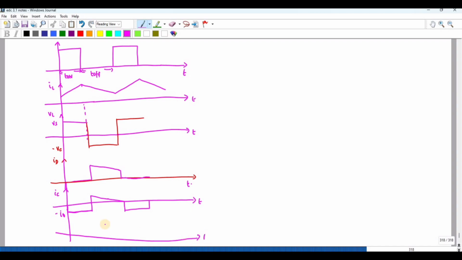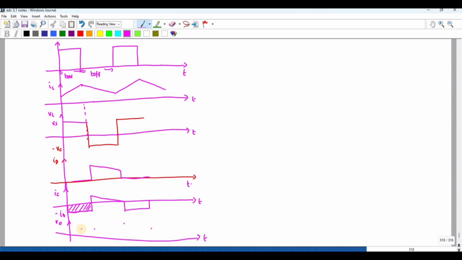So this is your V naught. During this time, what happens? The capacitor is discharging. When the capacitor is discharging, you will get a very low output, and when the capacitor is charging, you will get the higher output.